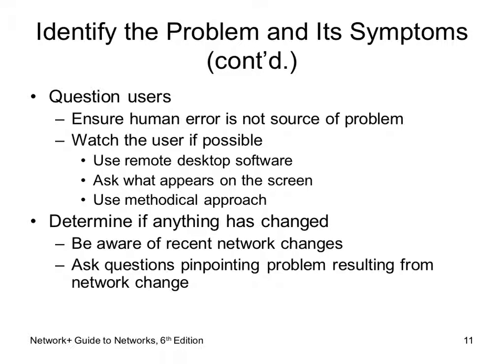Questioning users, identifying the problems, ensure that human error is not the source, like I already mentioned. Watch the user if possible. Use remote desktop, like we're using here, or VNC or whatever. Ask what appears on the screen. Use a methodical approach. I've always found it's best to go to the user's desk, personally. I don't like to use the desktop software because it's too impersonal, and it doesn't seem like you're really doing anything, even though you are.